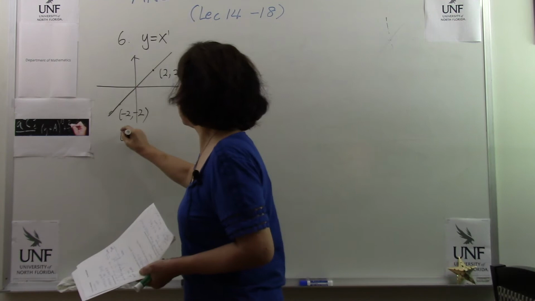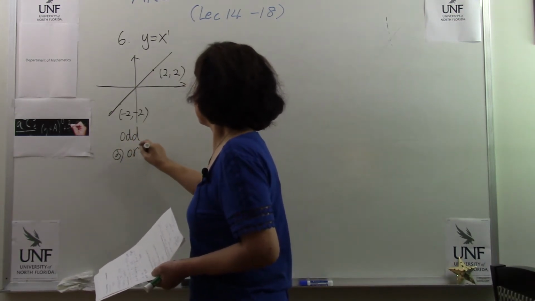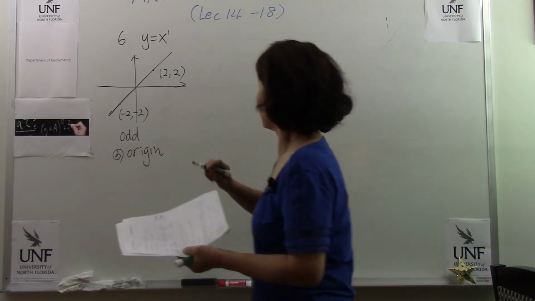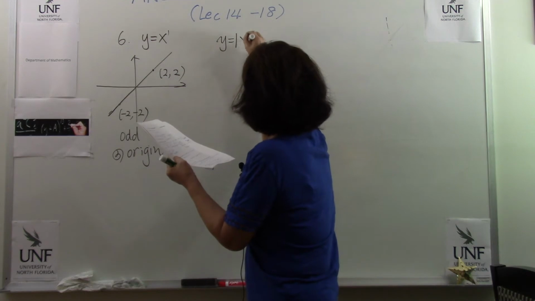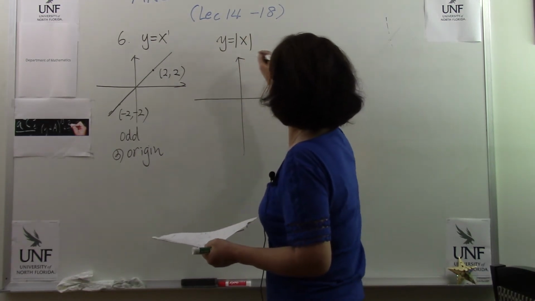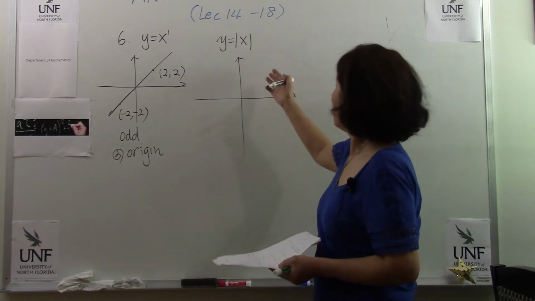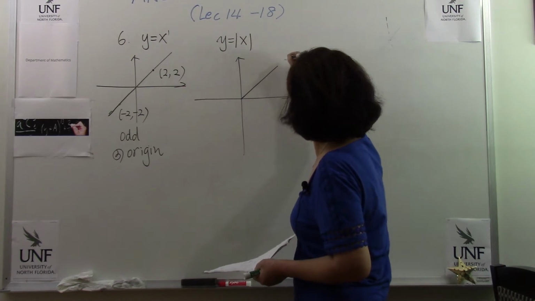So this one is an odd function, symmetric about the origin. Next one is y equals absolute value of x. Absolute value of x has 2 faces. One face, this positive side, is the same as y equals x.